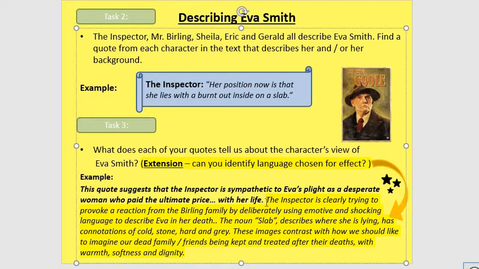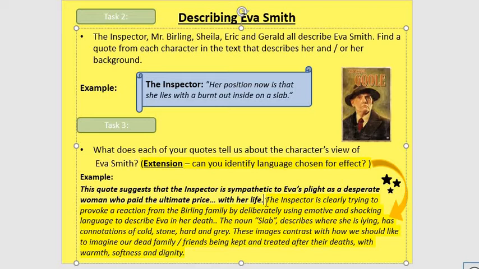I'd like as many of you as possible to have a go at this, even if you have a go at the extension for maybe 2 or 3 of your characters. It might be that some of you aren't sure exactly on the effect of the language that's been chosen for your quotes, but hopefully you've chosen them because you understand what they mean, they're familiar to you.